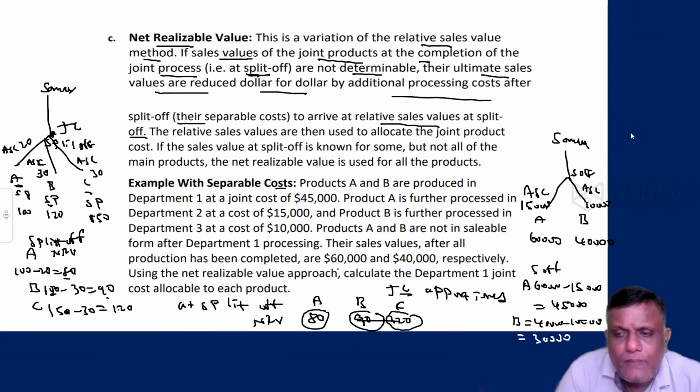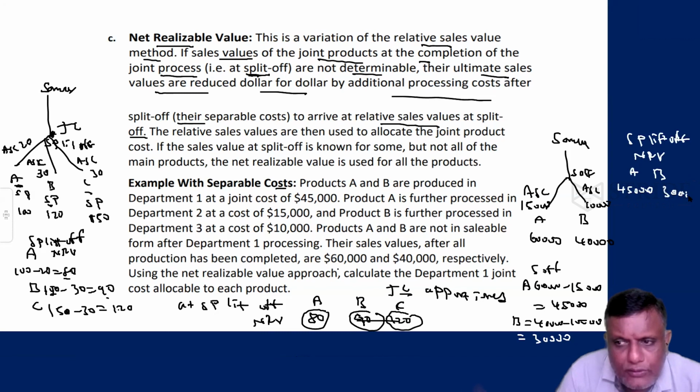That's it. Now at split off, NRV for A and B by using reverse method: for A 45,000, for B 30,000. That is a 3:2 ratio.